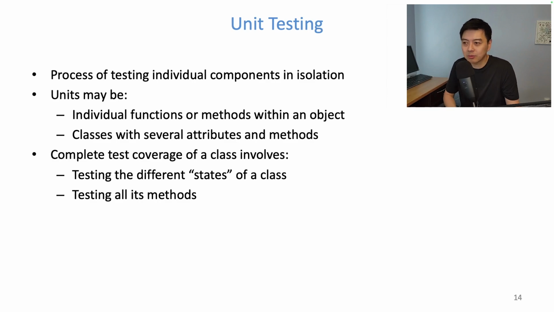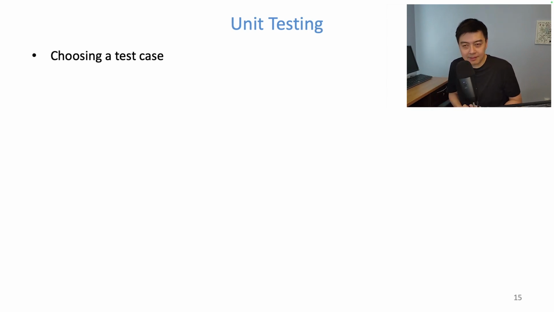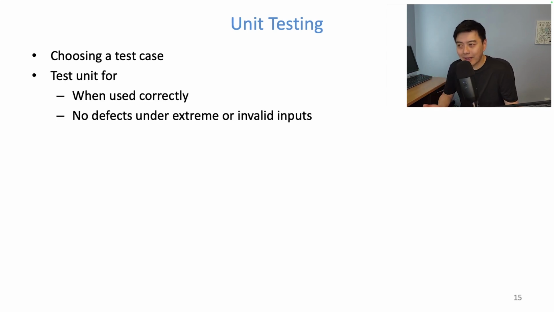That would determine the state of a class. So in terms of unit testing, we talked about this earlier, but how do we determine the test cases, right? I'm going to test for when our application is used correctly, and also that there are no defects under extreme or invalid input.